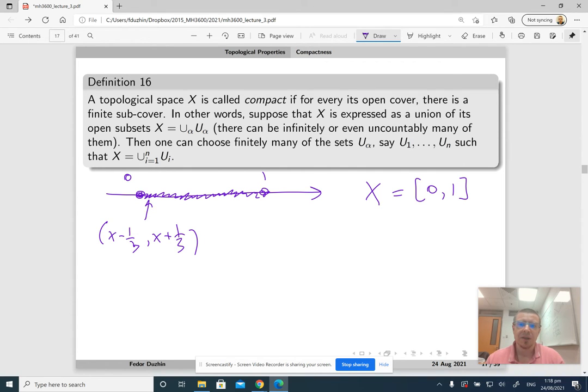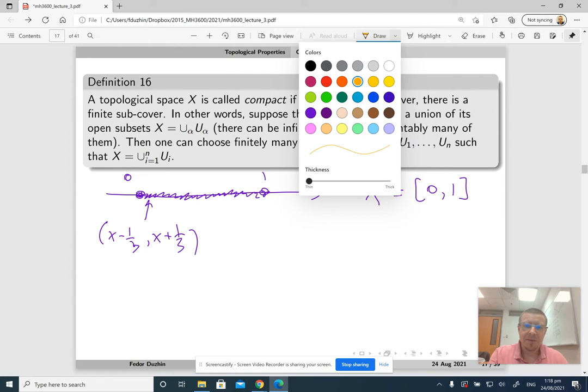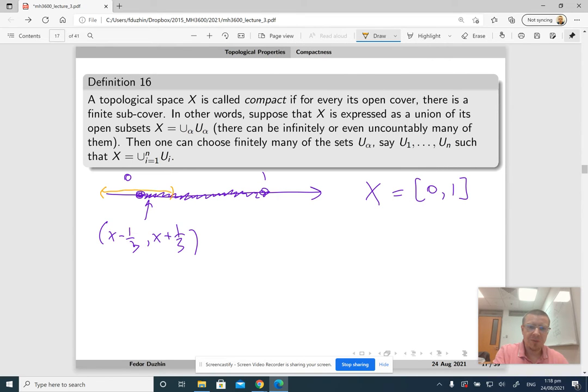So it is going to be covered by uncountably many of these intervals of length 2/3, and together they cover our interval from 0 to 1. So their union contains our interval.